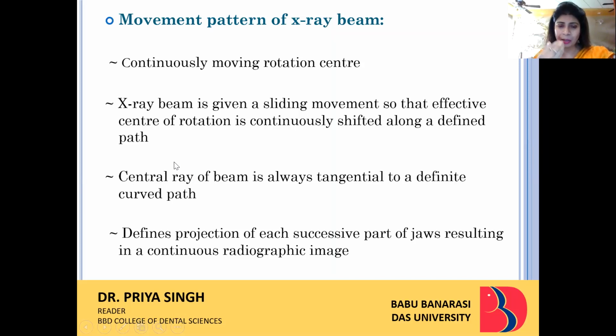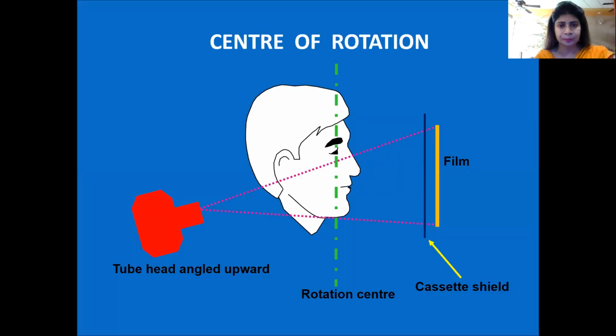This defined path will lead to multiple images being formed, first of molars, then premolars, then canines, then incisors, and incisors are projected twice, followed by the adjacent jaw, that is from right to left. The central ray of the beam is always tangential to a defined curved path. It defines the projection of each successive part of the jaws, resulting in a continuous radiographic image.